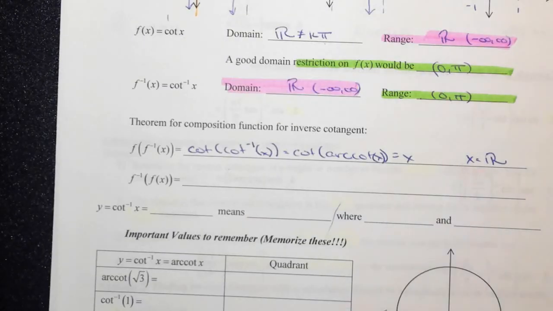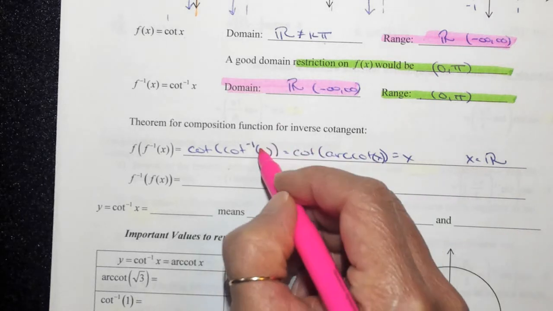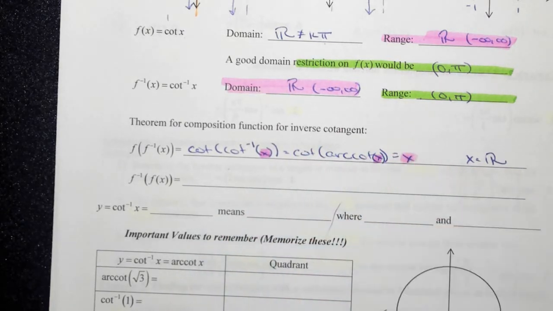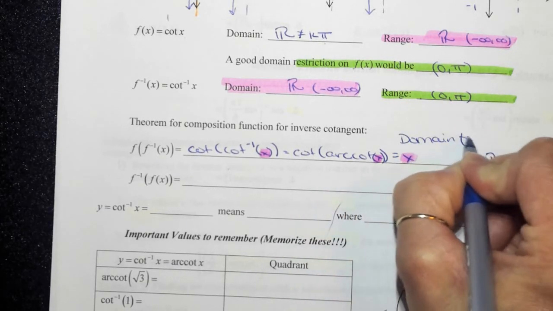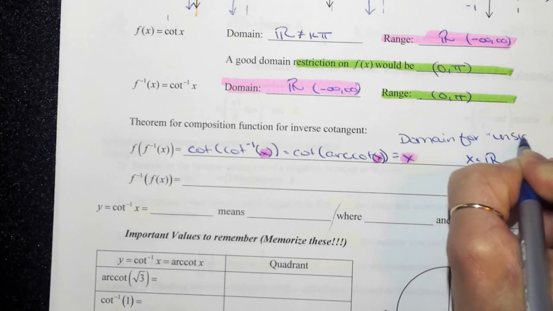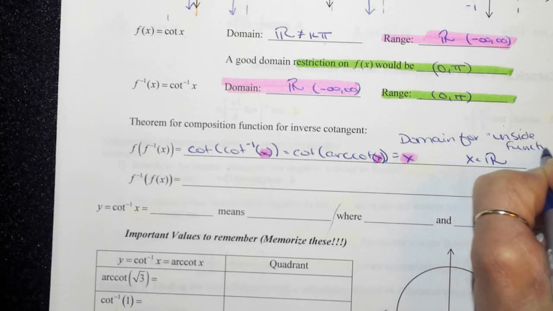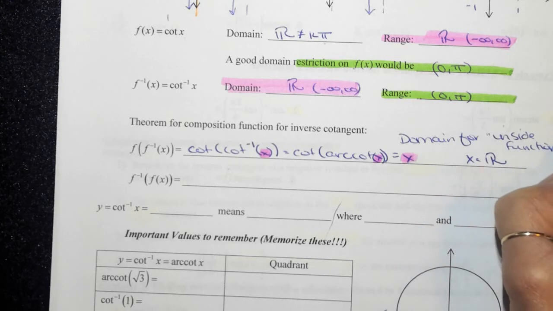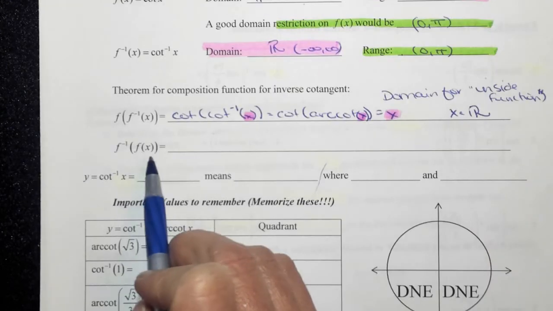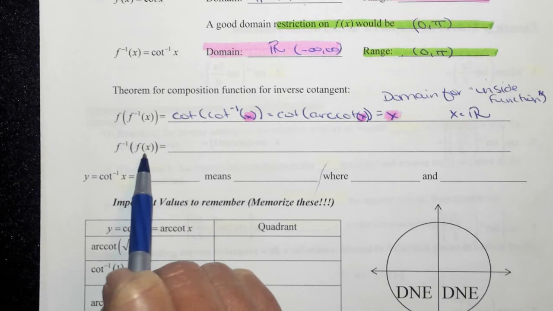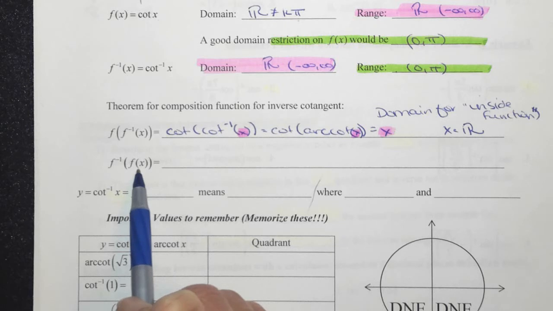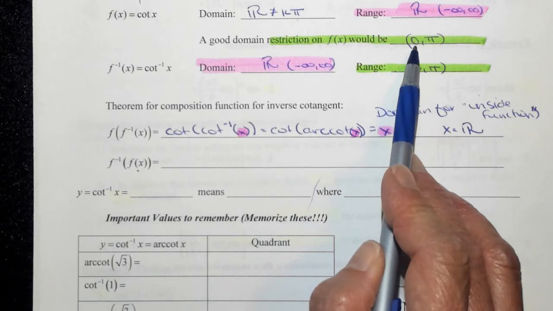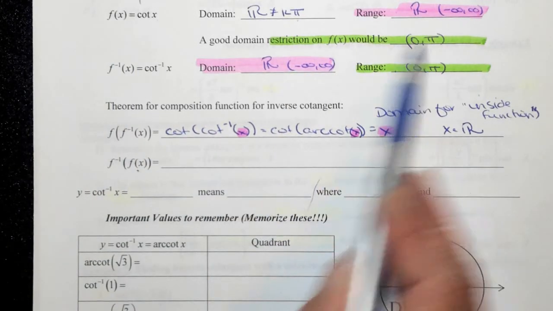Okay, so what we're looking at here is the domain for the inside function. I'll write it right here. That should be a quote, not a parenthesis. So what we're looking at here is the domain for the inside function, which is f of x. So when I look at the domain for the inside function, our original restricted domain is from 0 to pi.